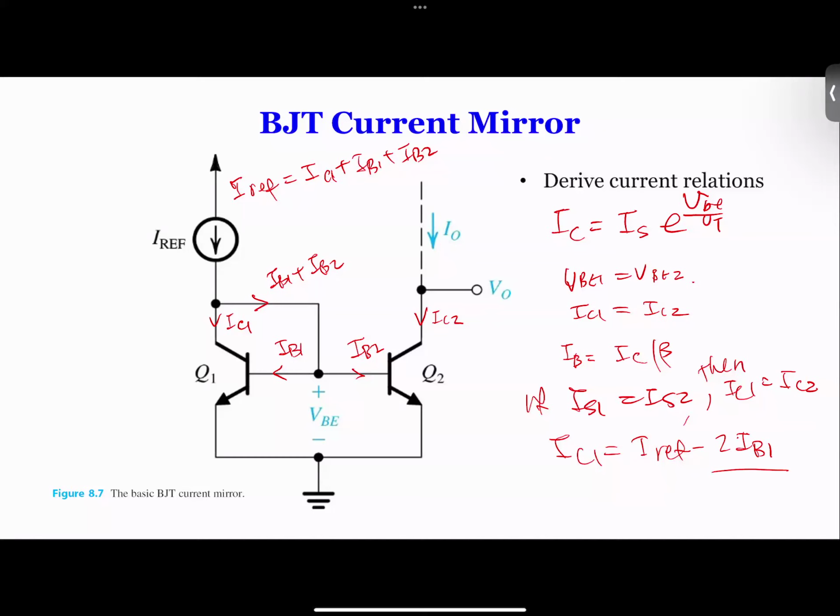So IB is about 1% of IC1. Therefore, what you're looking at is that IC1 is only 2% less than I reference. So sometimes we try to neglect it. We think, okay, just assume IC1 is the same as I reference, which, if you are told to do that, you can do that. And it's not going to make a big difference.